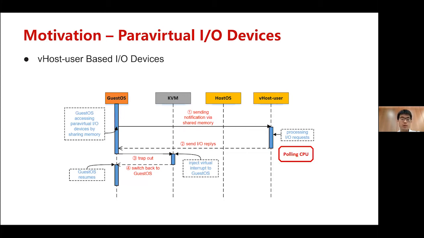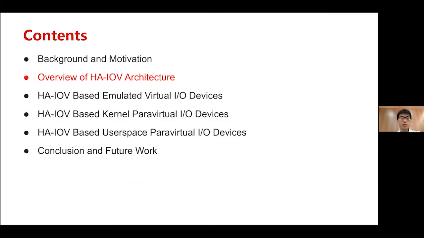However, it prevents other threads from running on the polling CPU core. When virtual I/O workloads become light, the CPU utilization becomes lower. To alleviate I/O path overheads in the I/O virtualization framework, as well as improving CPU utilization lowered by polling mode, we introduced HA-IOV. Note that our techniques also target to avoid complicating the live migration.